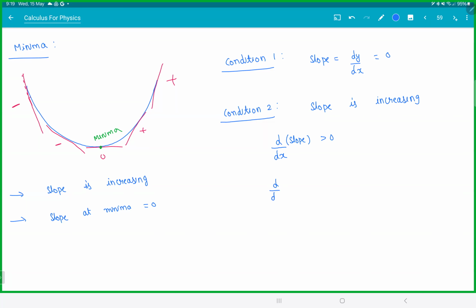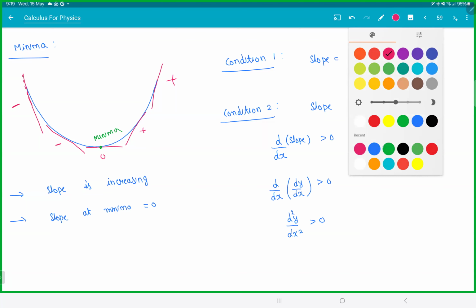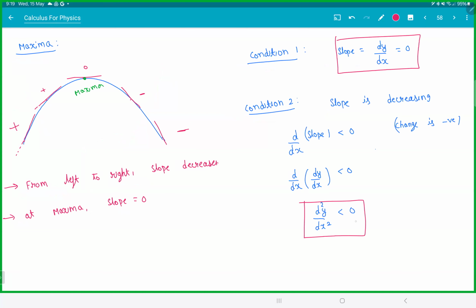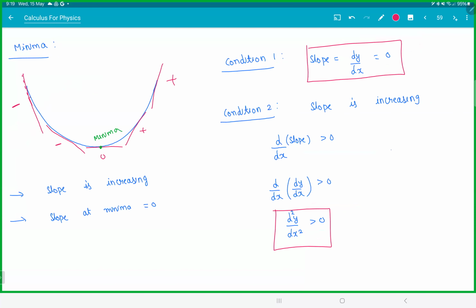Slope itself is dy by dx. This is the second condition. So slope is 0 and the double differential is greater than 0 gives you minima. Slope is 0 and the double differential is negative gives you maxima. Keep this in mind. The second condition is what will actually tell you whether it is a maxima or minima.